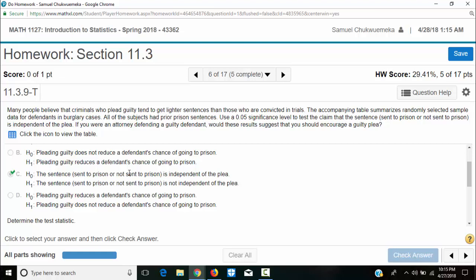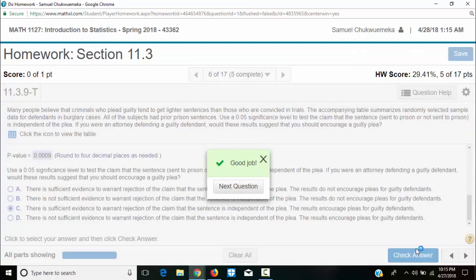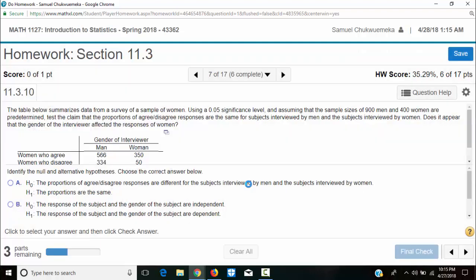Now the alternative is that there is some dependency, that if they plead guilty, they will tend to get lighter sentences. When you reject that null, you're supporting the claim of the alternative, that there is a dependency, it's not independent, and then it will tend to encourage guilty pleas so that they can get lighter sentences. Does that make sense? So I'm going to go with C. Do you understand the explanation?